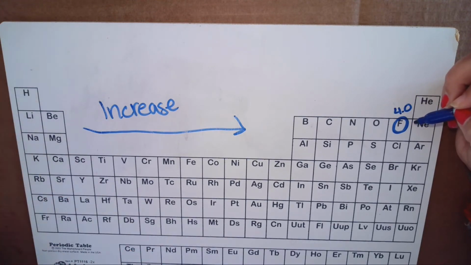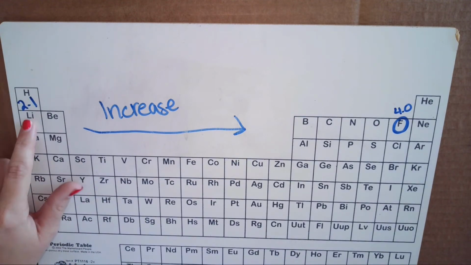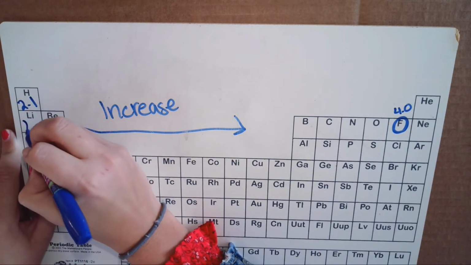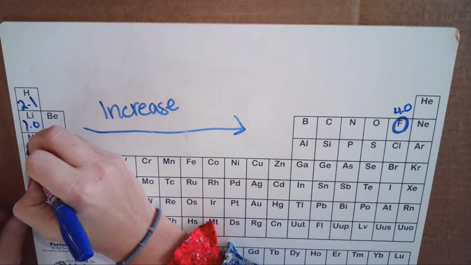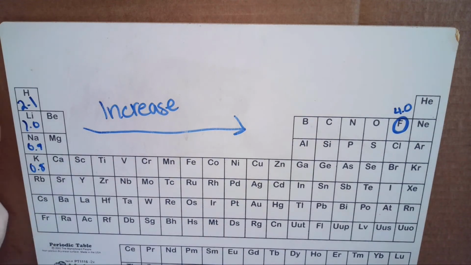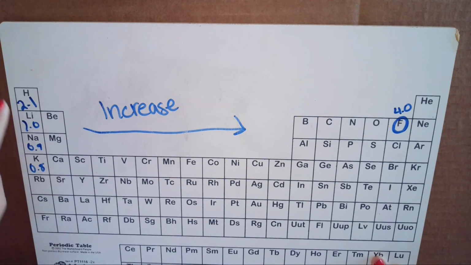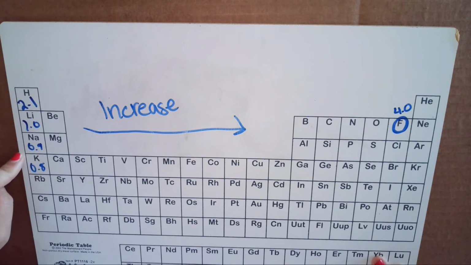If you look over here at hydrogen, which is only a lowly 2.1, this is a little baby, and underneath it we've got lithium, that's 1.0, 0.9 for sodium, 0.8, all these little dinky numbers. Do you think that these elements are giving electrons or taking electrons? Giving.